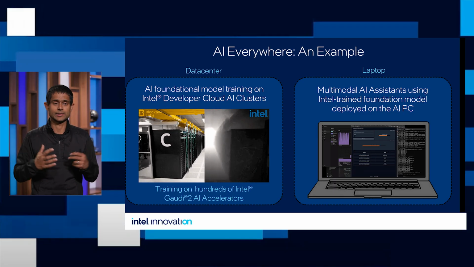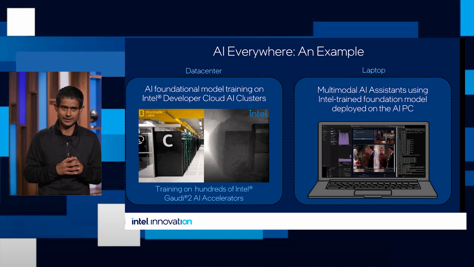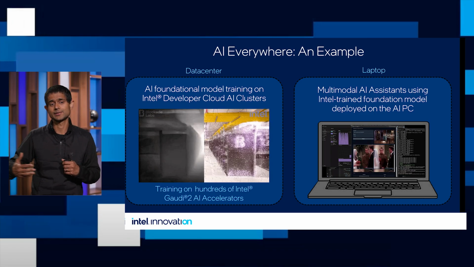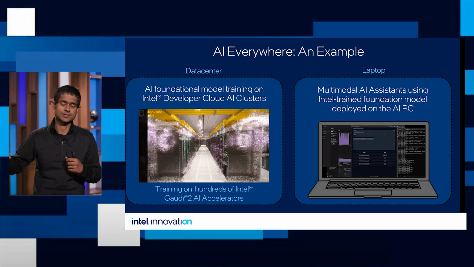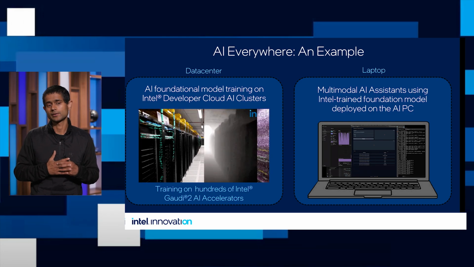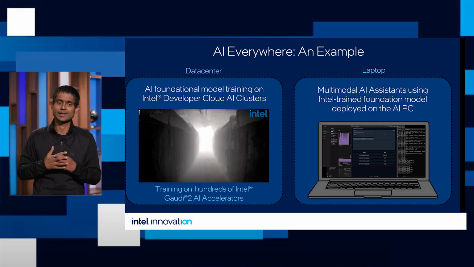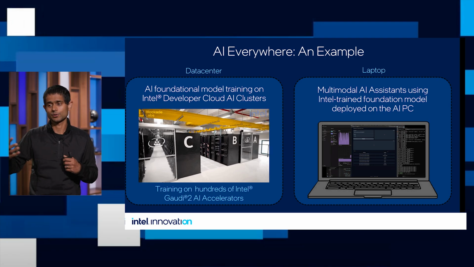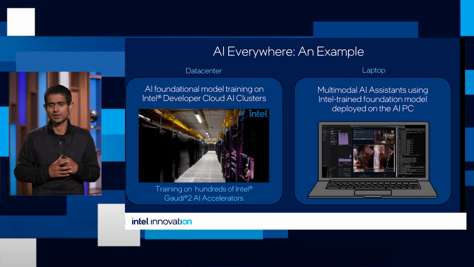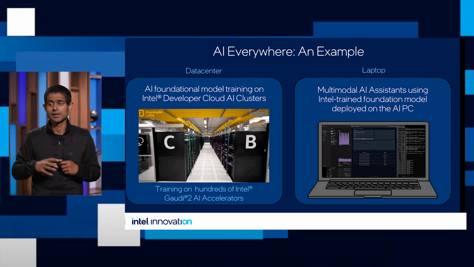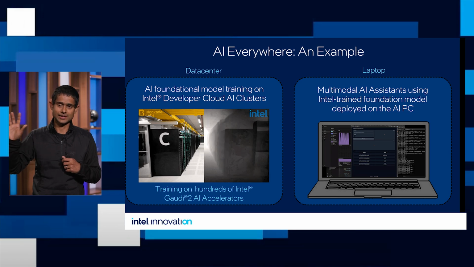Now, in my team, we're very interested in training these large-scale foundation models on Intel AI Cloud, and typically we'll train these models on hundreds of Gaudi AI accelerators. But we are also very interested in porting these models to devices like Intel's AI PC, where inference of these models can take place at scale. So here I show one example where we have the multimodal semantic search that I just showed earlier running completely on Intel's AI PC.